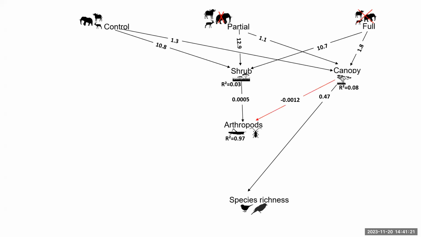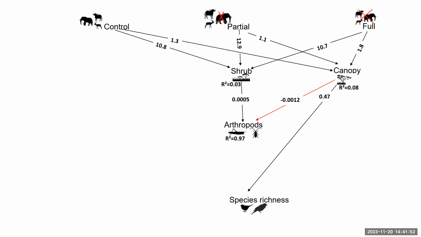On the other hand, when we investigated variation in arthropod abundance, we noticed that increasing canopy decreases insect abundance in the system, whereas shrub cover seemed to be positively associated with an increase in arthropods.